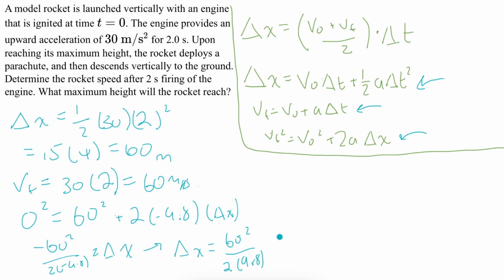Now if you simplify this, you should get 184 meters. And that's the displacement after the rocket stops accelerating.